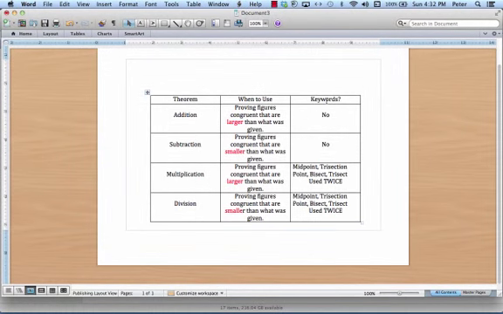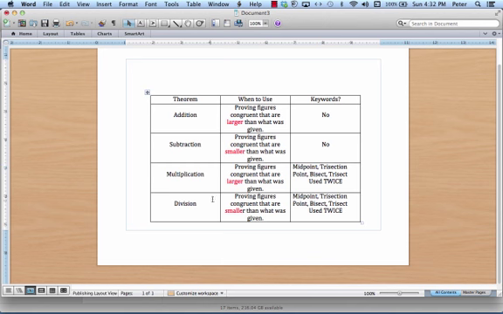Okay, let's try to summarize this for you. We use addition and multiplication whenever we're proving figures congruent that are larger than what was given to us. We know to use addition if we don't see any keywords like bisect or trisect, but we use multiplication if in the givens we see the words midpoint, trisection point, bisect, or trisect used twice.